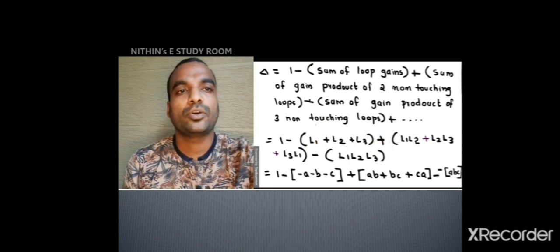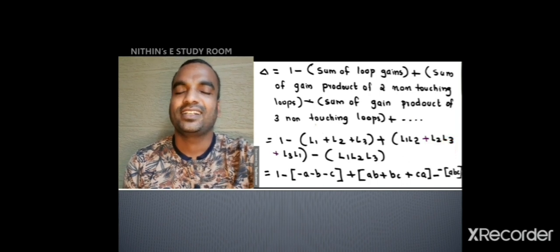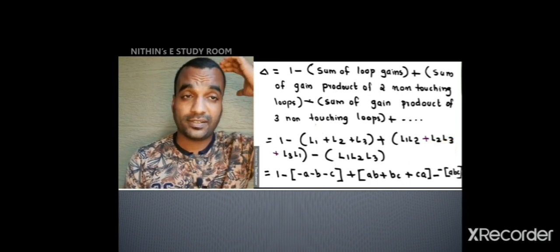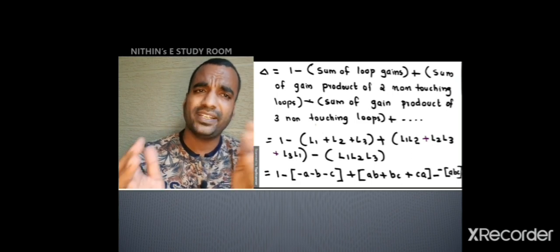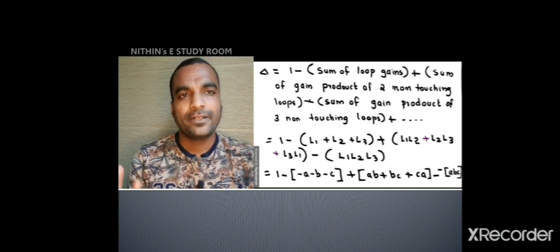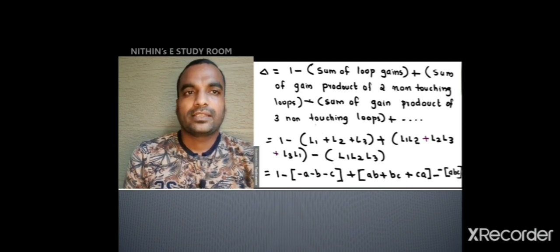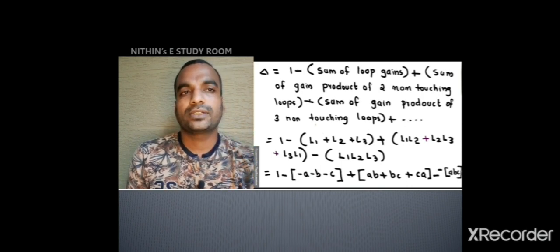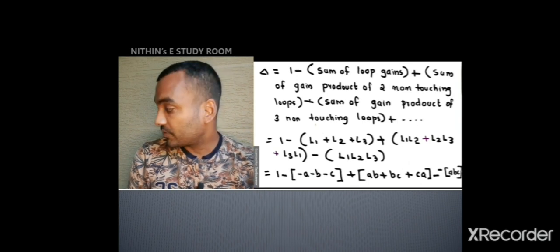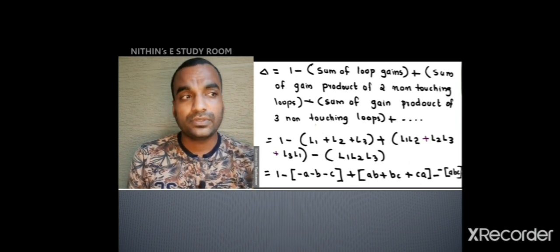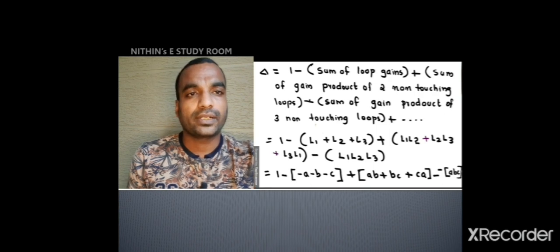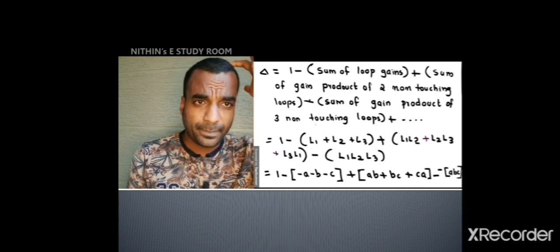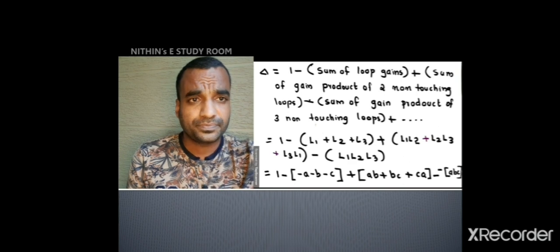And what about this combination? L1 L2, L2 L3, L3 L1, all the individual loops themselves are touching on the forward path. So the combination will entail L1 L2 is 0, L2 L3 is equal to 0, and L3 L1 is equal to 0. So now L1 L2 L3, that combination will also become a 0 value.